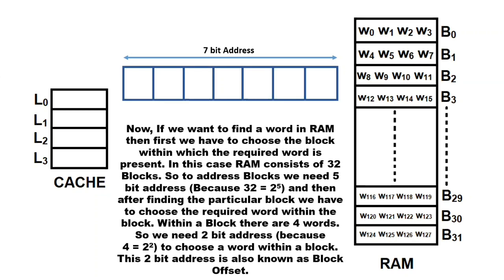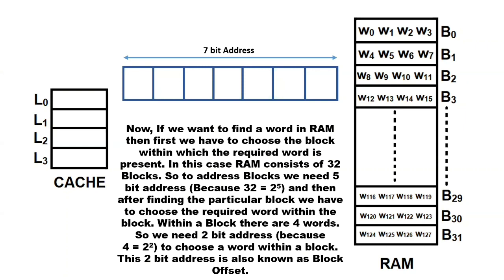If we want to find a word in RAM, then first we have to choose the block within which the required word is present. So it is very important. The processor will not search through all 128 words to find the required word, because it is very time consuming.